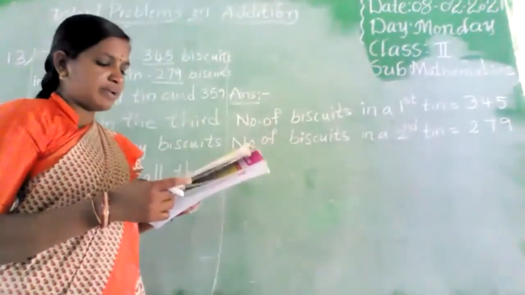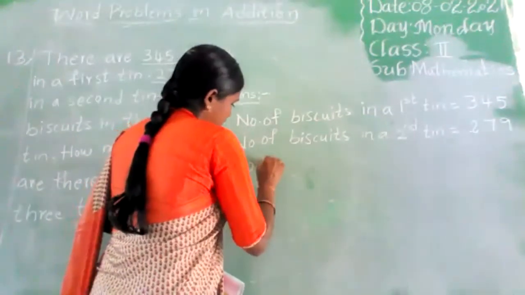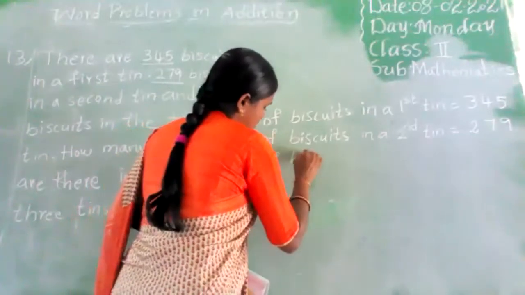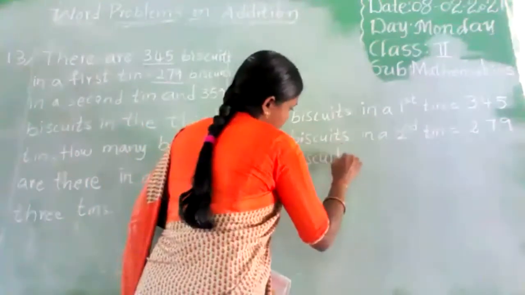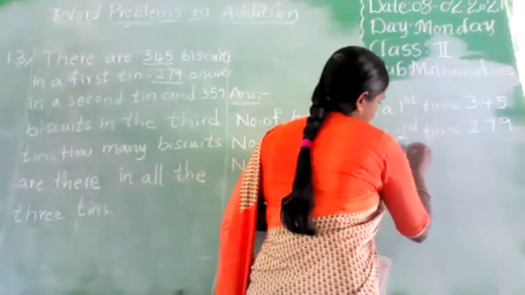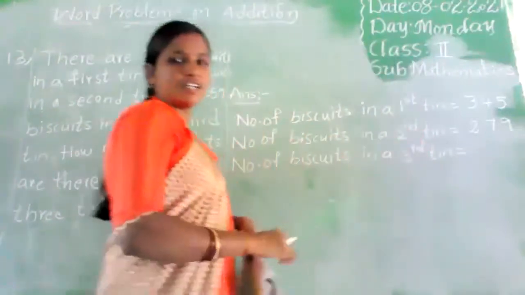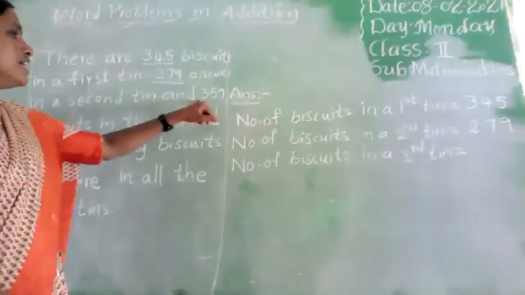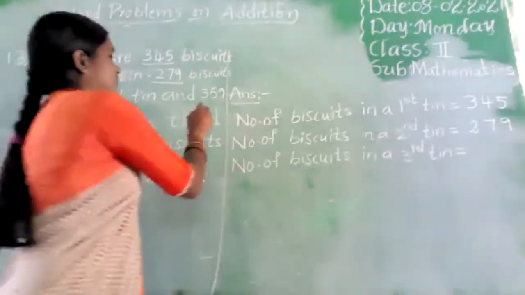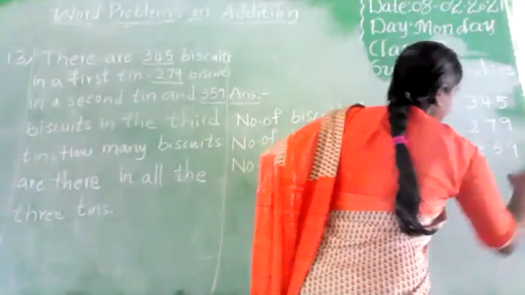Third one. Number of biscuits in the third tin. How many biscuits are there in the third tin? 359.